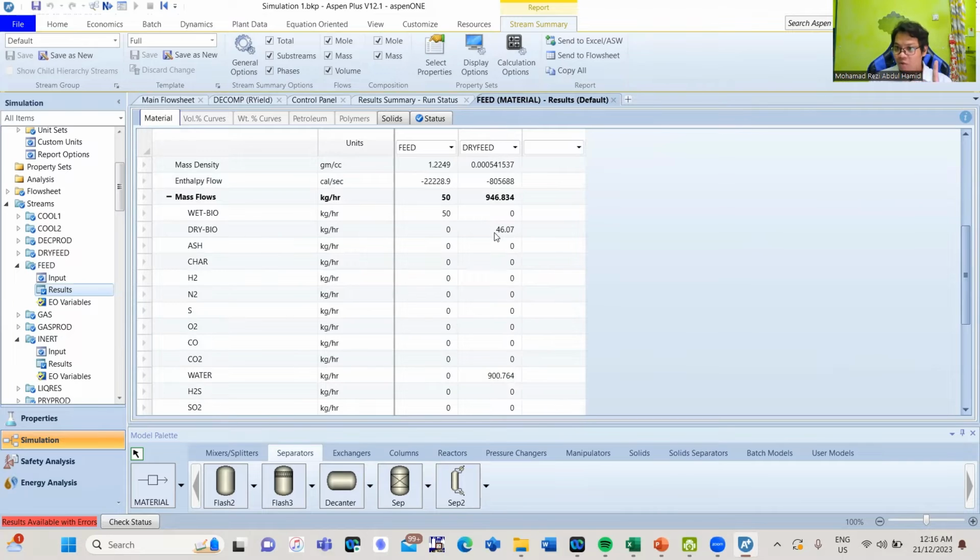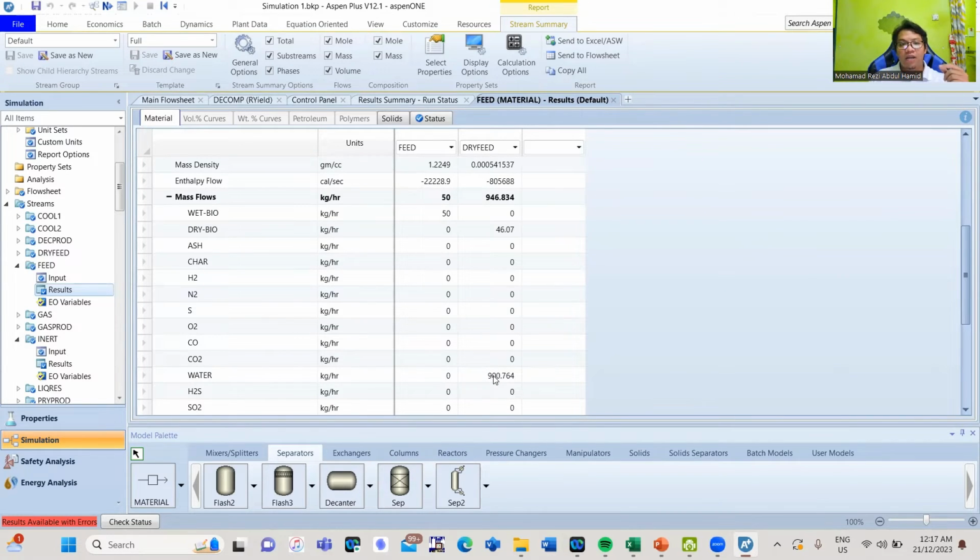These are correct, by the way. You can check: out of 50 kilograms, 92.14% of the mass belongs to dry biomass. The rest is water or moisture. But as you can see here, water is 900. Obviously, this is completely wrong because mass balance is not conserved.